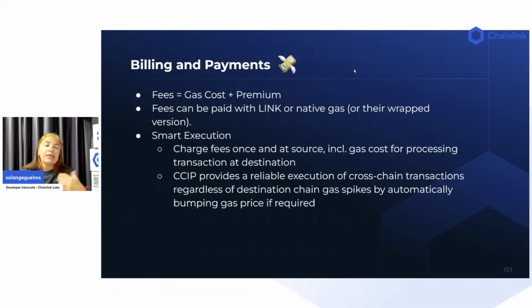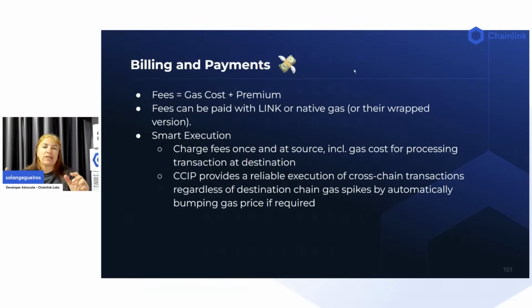You can pay the fees. The fees are the gas cost plus a premium to the Chainlink node operators. You can pay the fees using the LINK token, or using the native token or some wrapped version.